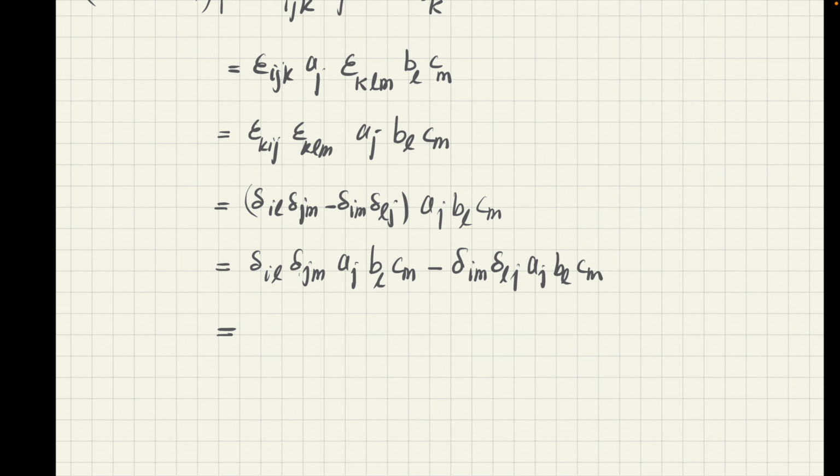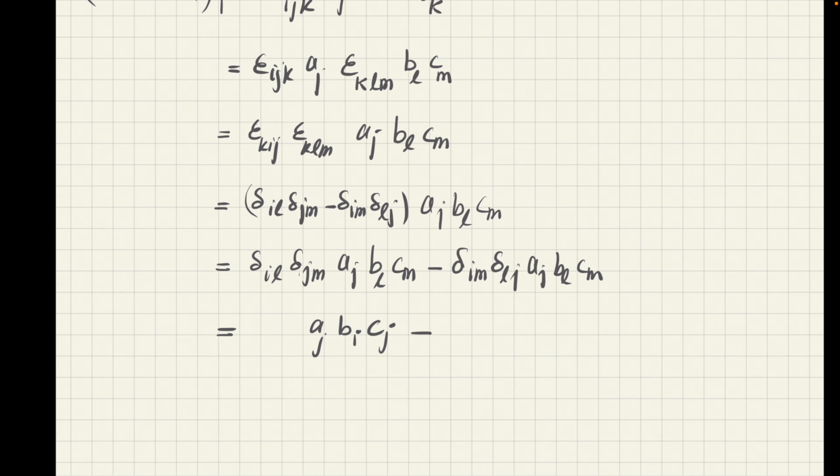But now this delta actually kills the summation over L and turns L to an I. So this becomes bi here. I can keep aj, and then this delta kills the summation over M and turns M to a J. So this becomes Cj. And then I will have minus.